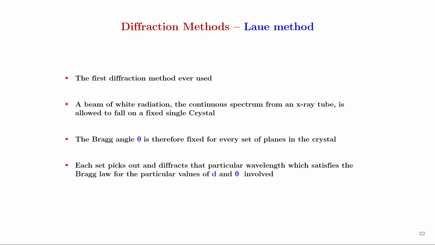Each set picks out and diffracts that particular wavelength which satisfies the Bragg law for the particular values of d and theta involved. Each diffracted beam thus has a different wavelength.